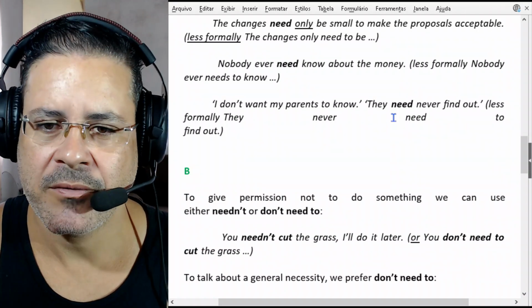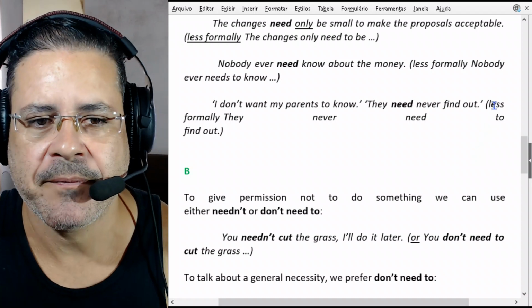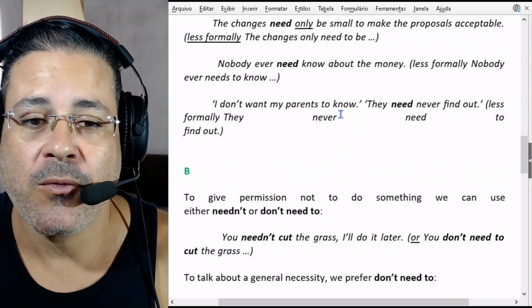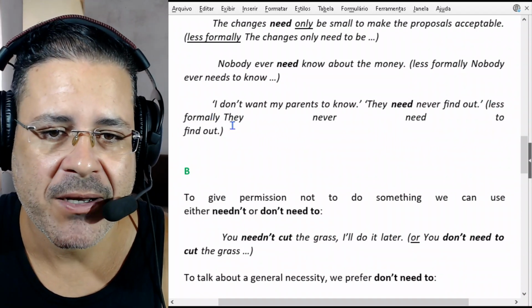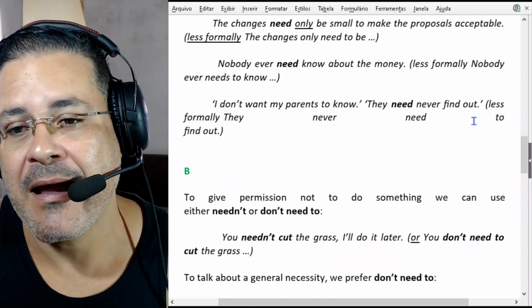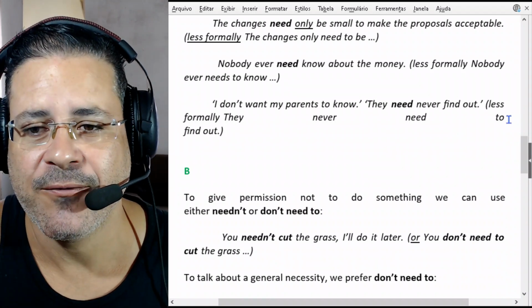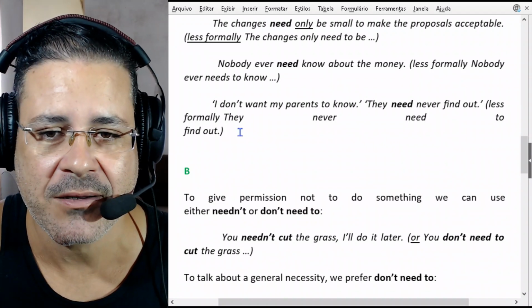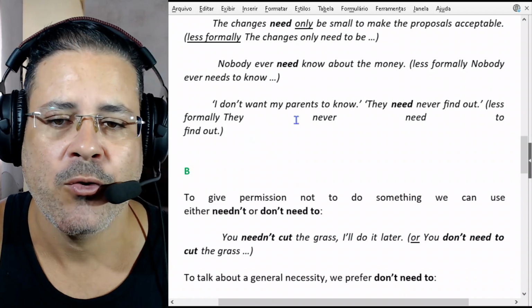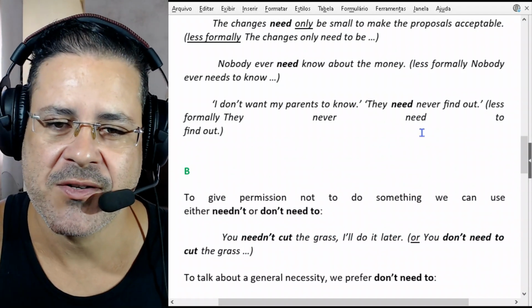A modal. Yeah, I expect you've got it right. But if I want to put it less formally, I might say they never need to find out. Now, following need, we have the verb in its to infinitive form. So in that second example, less formally, we're using need as an ordinary verb, of course. You get the idea.